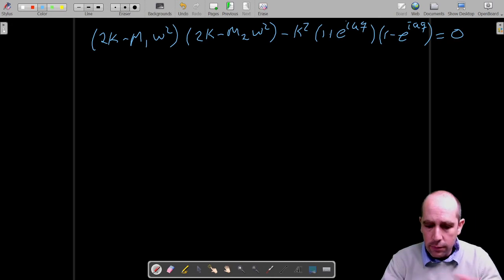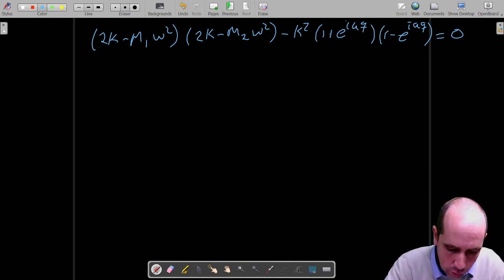And from solving this equation, we obtain two possible solutions.